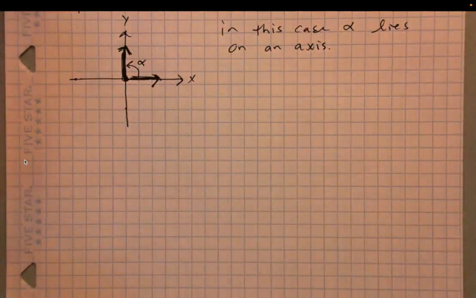Now, when you have a situation like this, where the terminal side of an angle in standard position is on an axis, then we call that angle a quadrantial angle.